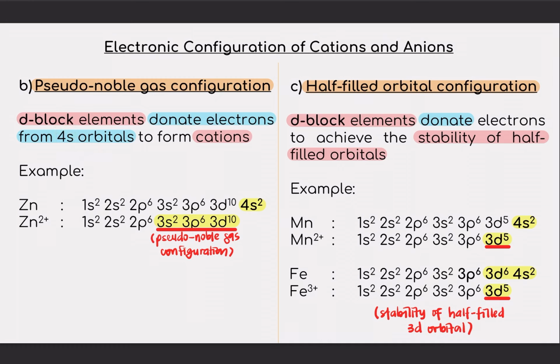Macam zinc, in the d block, it is a transition metal. This is the electronic configuration. In order to achieve this pseudo noble gas configuration, it will lose 2 electrons from the 4s orbital of zinc to form Zn2+.